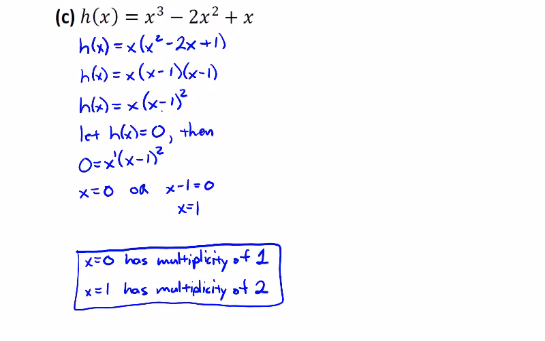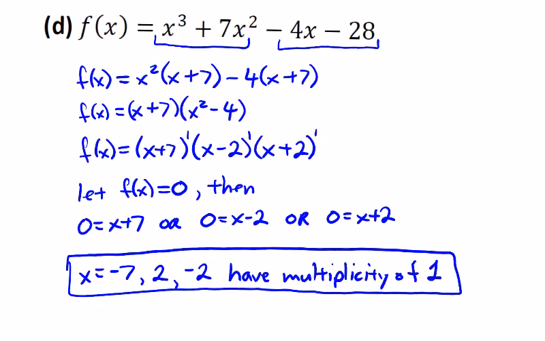On part C, we had found that x was equal to 0 and x was equal to 1. Those are both examples of rational zeros. On part D, we found three different answers, -7, +2, and -2, all of which are rational.